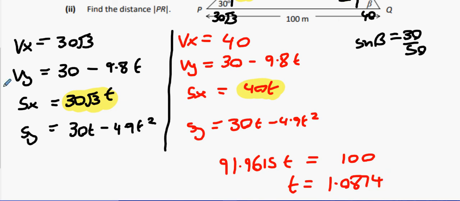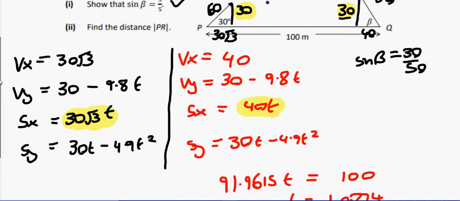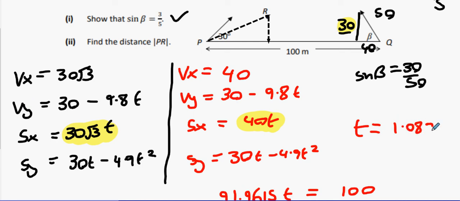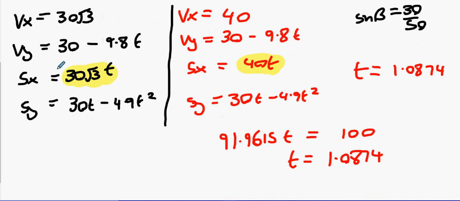Next thing you're going to do is find the distance of P to R. That's easy now, because all we need is the Sx value and the Sy value using a time of 1.0874. Let's do Sx.